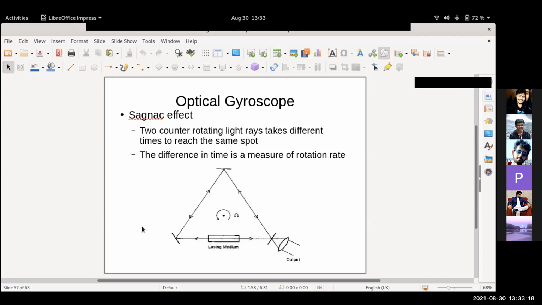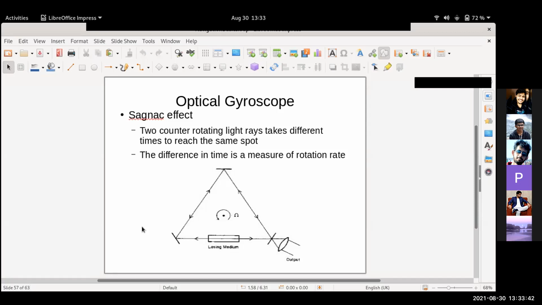I think even otherwise, one of the light rays has to travel a far longer distance than the other one. I think we don't have to invoke that principle at all here. It's only when you are looking at time dilation or something. It's a standard experiment. You imagine the entire triangular setup is rotating with respect to the center where the omega is shown.